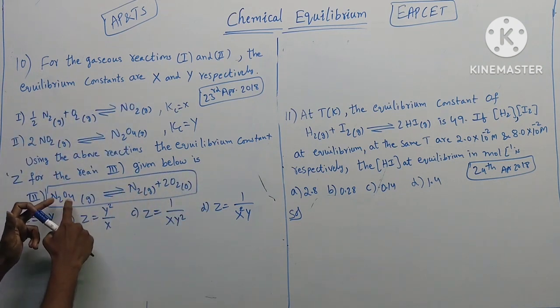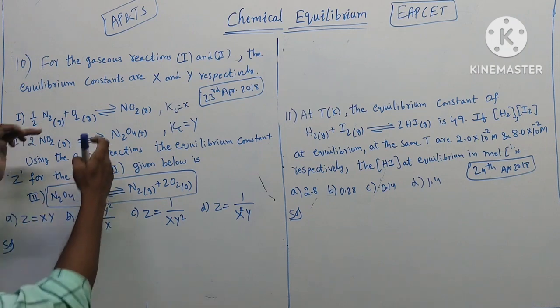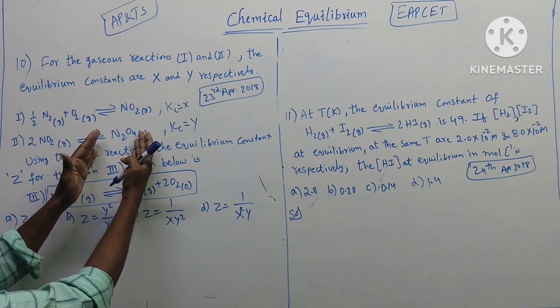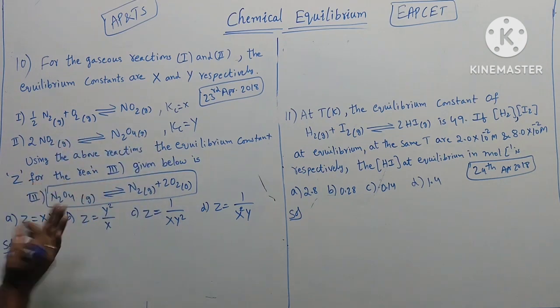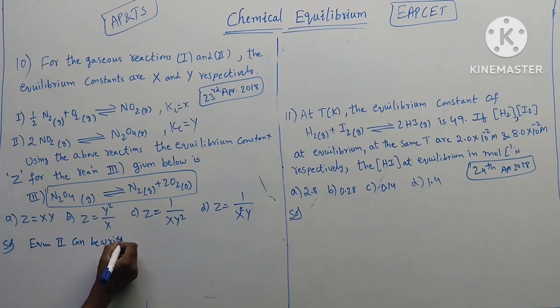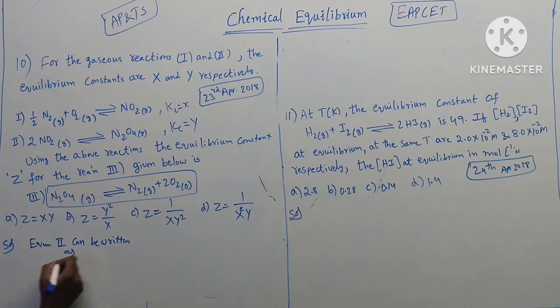In this reaction, N2O4 is on the left side. So for this reaction, N2O4 is on the right side. So if it is converted to a reversible reaction, equation 2 can be written as the reverse reaction.